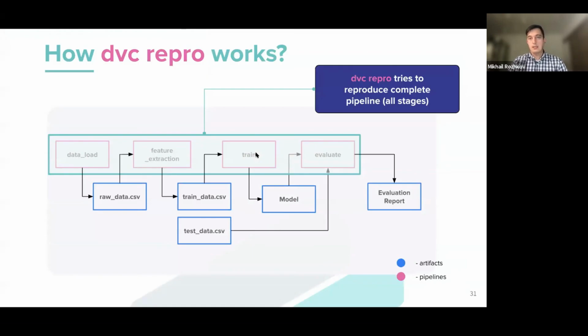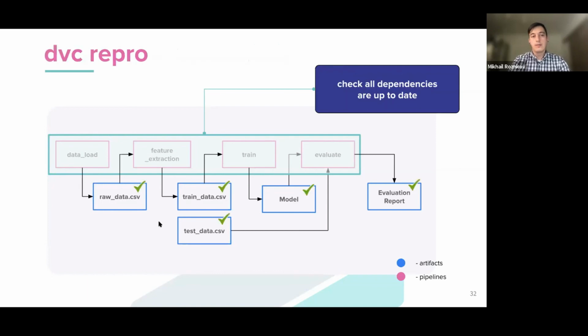How does DVC repro work? DVC repro tries to reproduce the whole pipeline end-to-end, and to do this, it looks into the dependencies for each stage and checks whether these dependencies have changed or not. If everything is up to date, it will not rerun the pipeline and will skip every stage that didn't change.